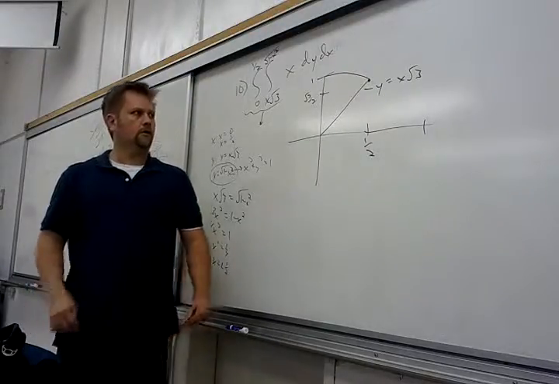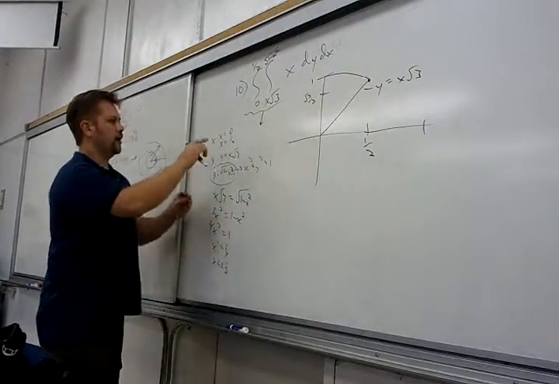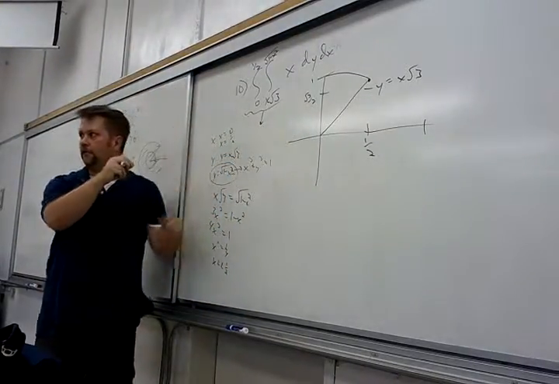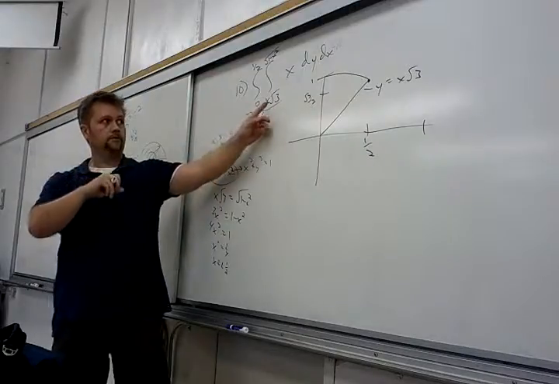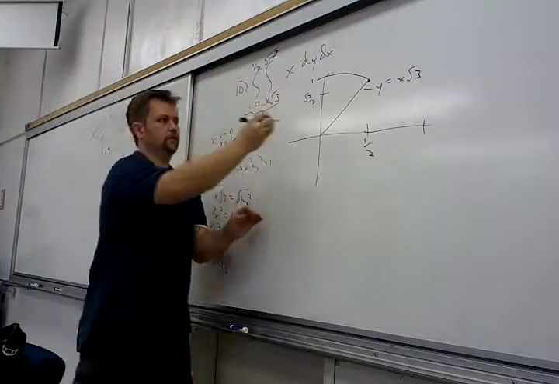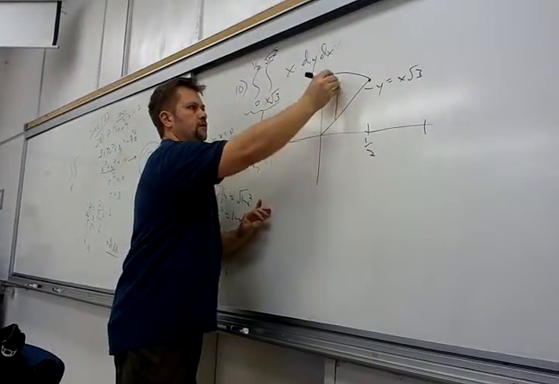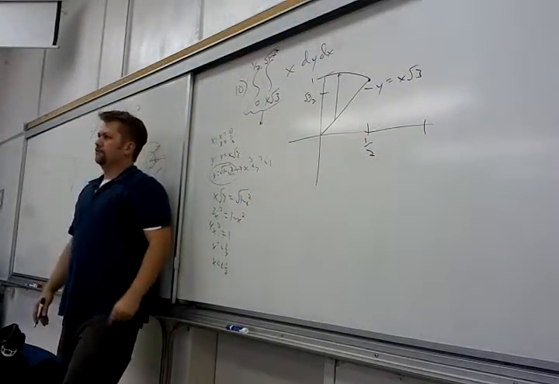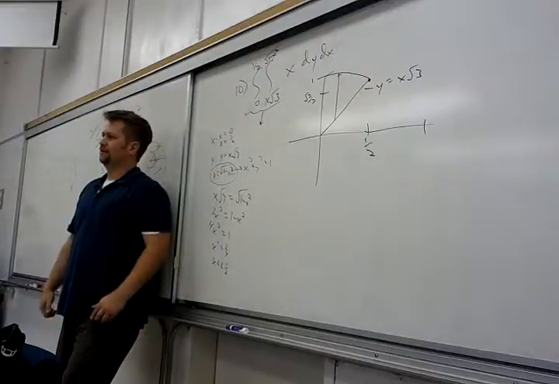Why do we need the upper part? Because it's telling me that x goes from 0 to 1/2. Y goes from what to what? From that line, so he starts here and he goes there. So I know I need inside that. Oh, okay. So that's why we need it.